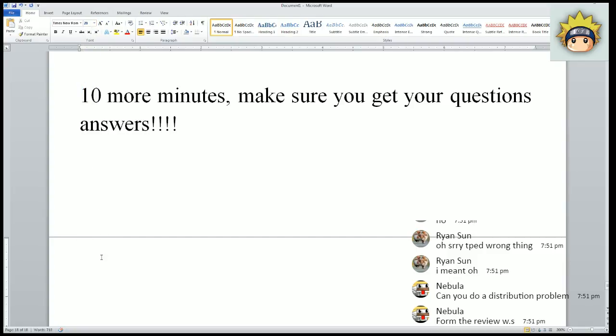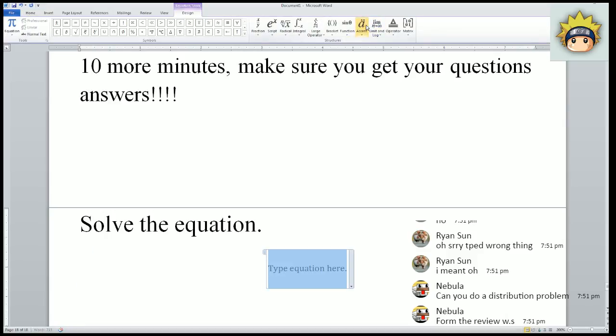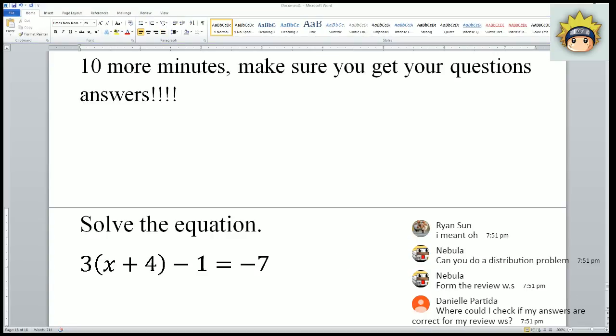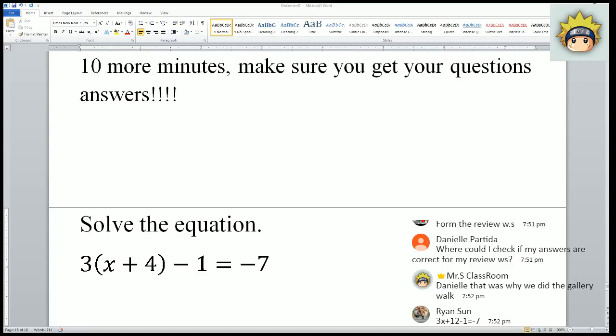Okay, how about this one? Solve the equation. How about we all try this one?